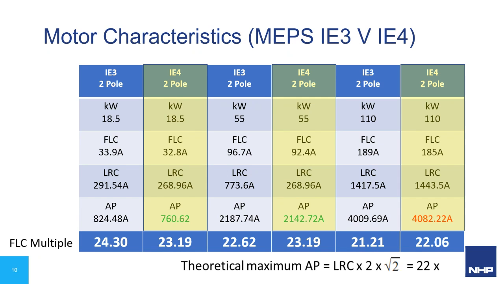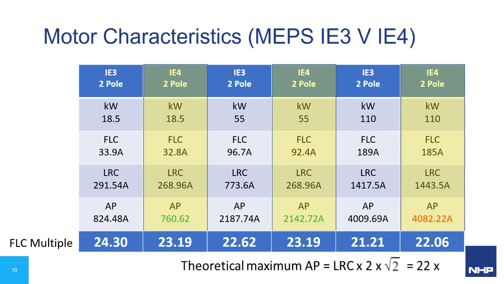Let's have a closer look at the figures between IE3 and IE4 motors as a general comparison between the two models. There's not a great deal of difference between the two, as I stated before, about just under a 1% efficiency saving. We did a quick comparison of the frame sizes between IE3 and IE4 motors from WEG Motors. They were kind enough to give us some up-to-date data.